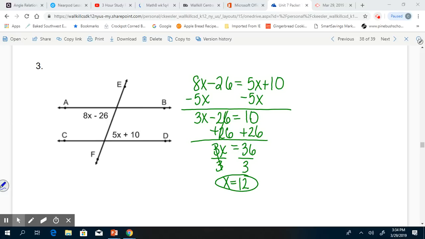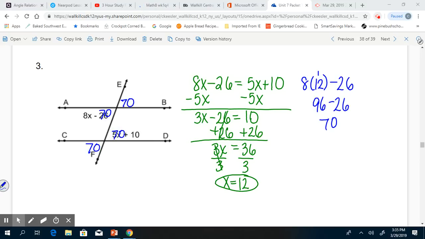So plugging 12 in, we get 8 times 12 minus 26. 8 times 2 is 16. Carry the 1. 8 times 1 plus 1 is 9, so 96. Minus 26 gives us 70. So that means all of my acute angles should be 70. We can double check with the 5x plus 10.